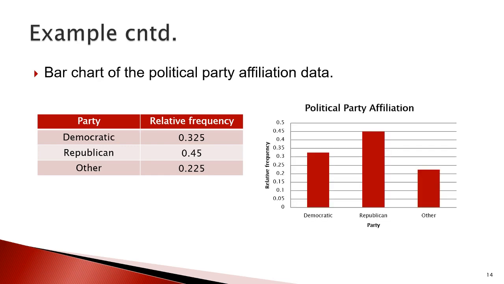It's very easy. You have names of the variable on the horizontal axis and the relative frequency on the vertical axis, and for each name of the variable you have a vertical bar that goes up to its relative frequency. Yeah, it's as simple as that.